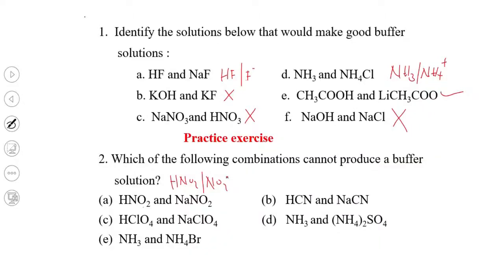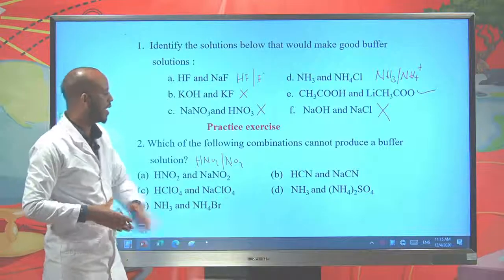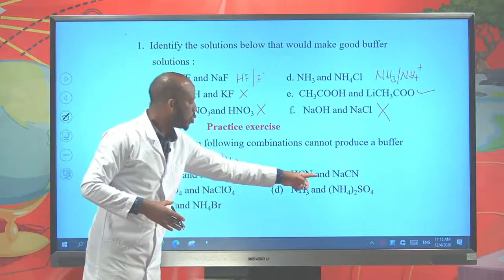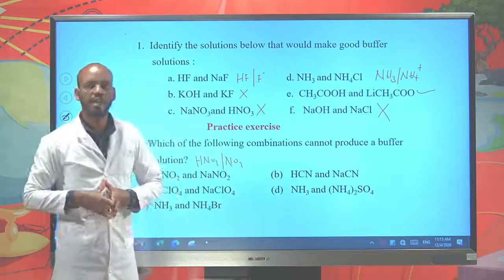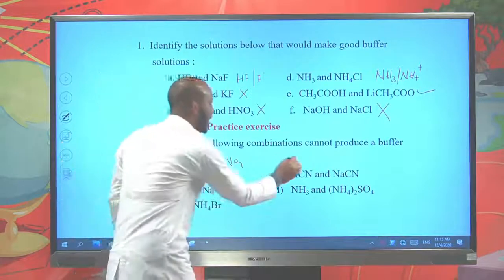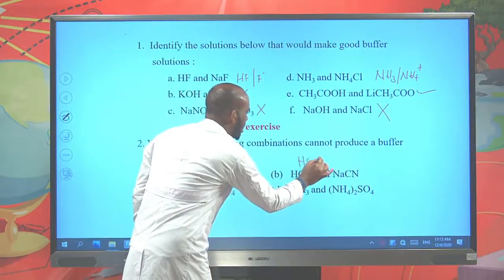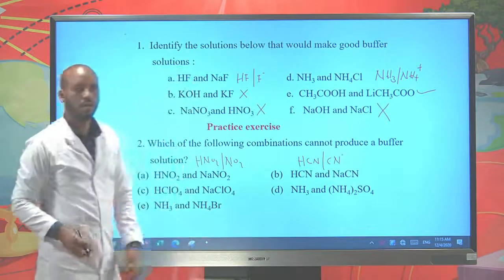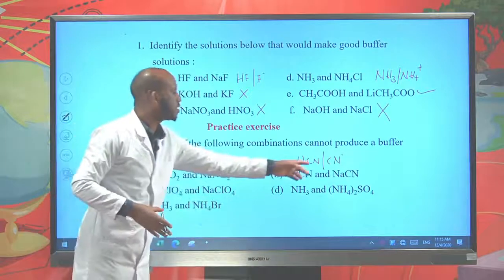B, hydrogen cyanide and sodium cyanide. Again, this is an acidic buffer solution because this solution contains a weak acid and its conjugate base, cyanide ion. You see, HCN and CN minus is an acidic buffer solution.